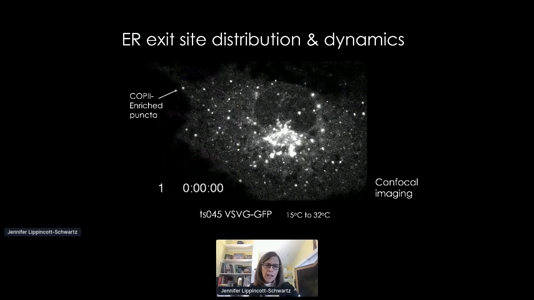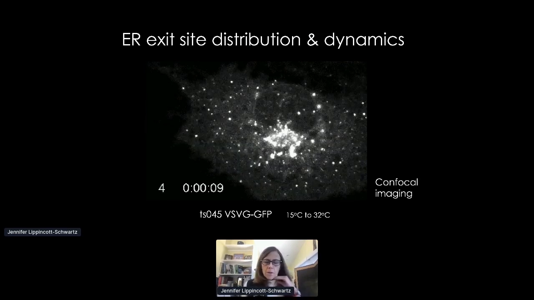And we're looking at a viral glycoprotein that is accumulated in these ER exit sites. The ER exit sites are characterized by COP2 coat proteins that facilitate the formation of these structures.